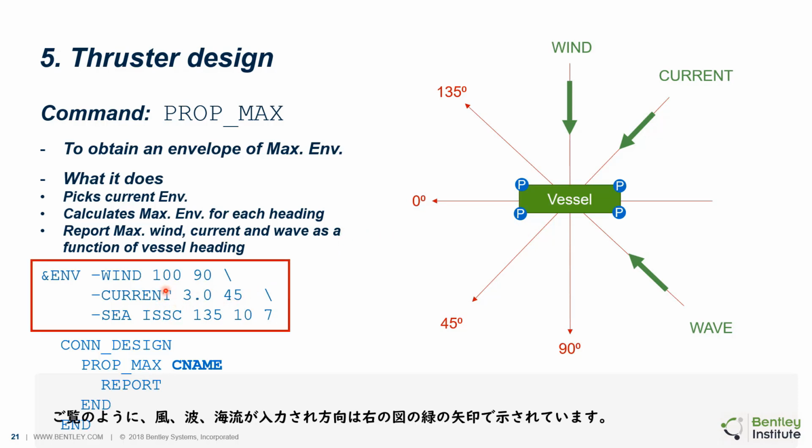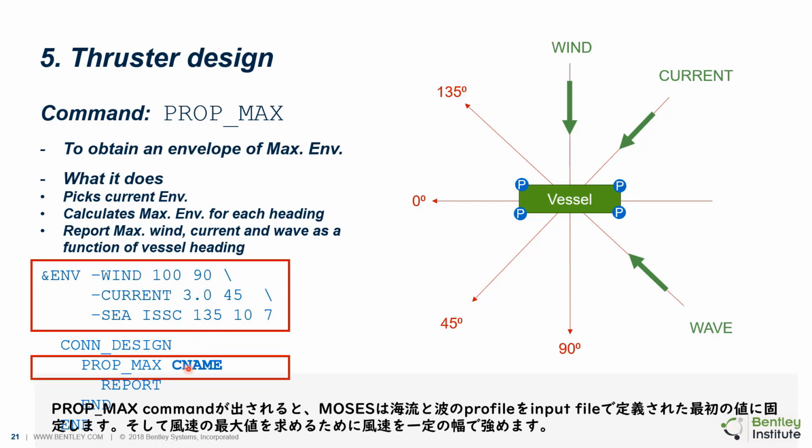As you see, wind, wave, and current are defined, and their direction is shown with the green arrows on the right hand side. Now let me explain how this command works. Once this propmax command is issued, MOSES fixes the current and wave profile to the initial value defined in the input file.